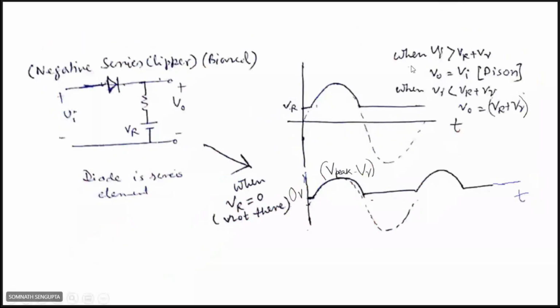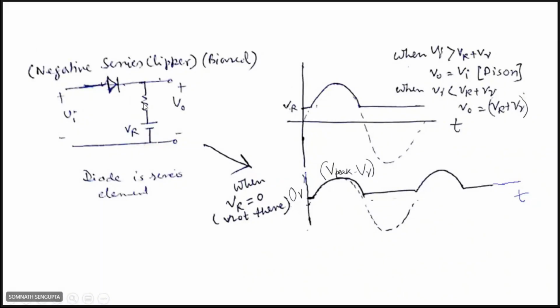Then another condition is that the diode is in series with the input voltage. So it is called a negative series clipper, and it is also biased. In this case, the diode will be on when Vi minus Vr is greater than V gamma.